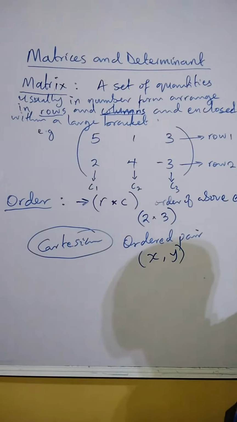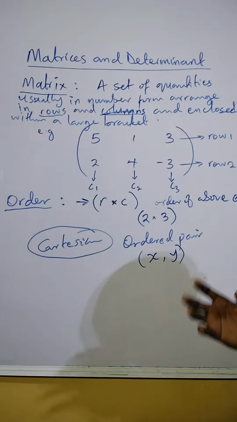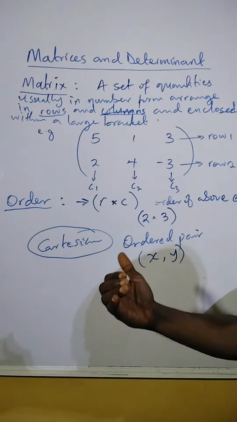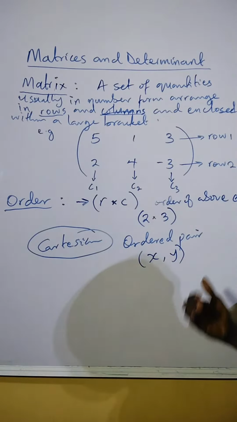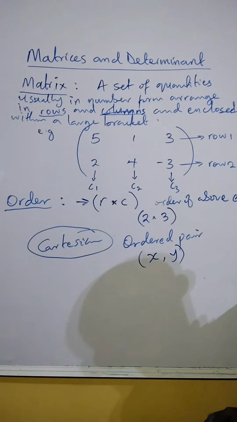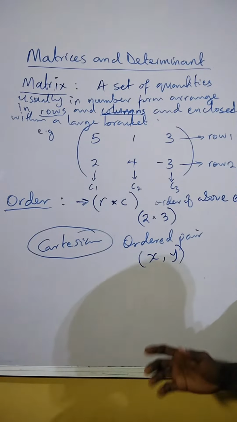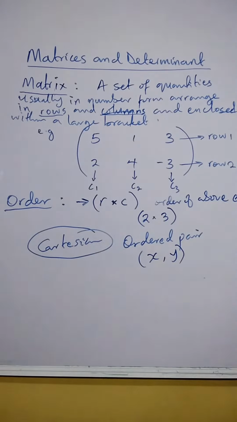So it's also applicable under matrix. The ordered pair here is row first before column. So having any matrix, you should be able to write the order: rows first before the column.